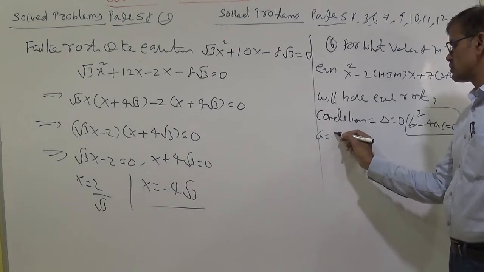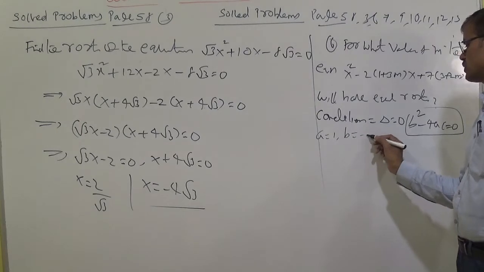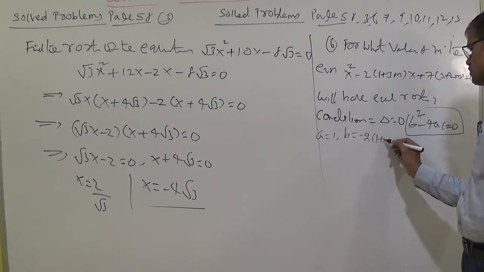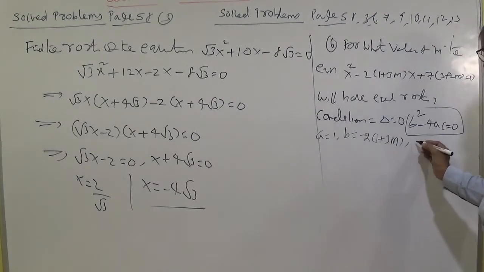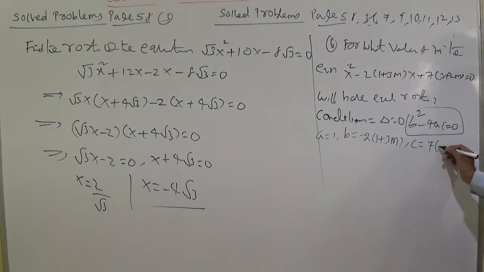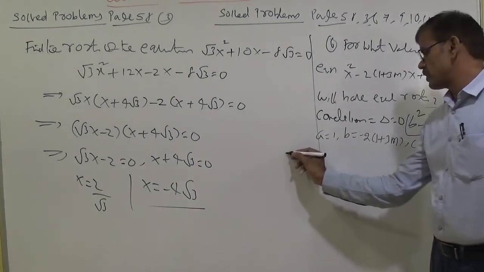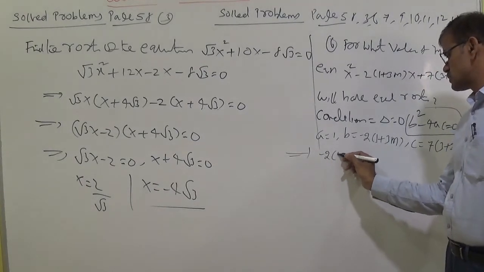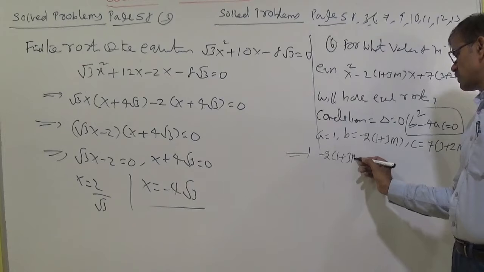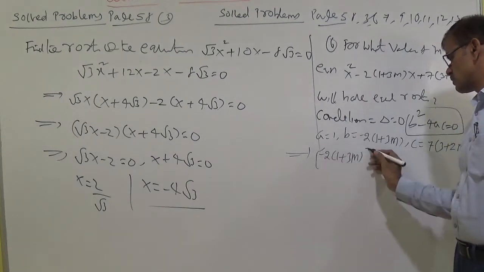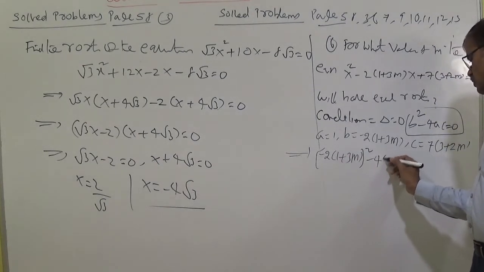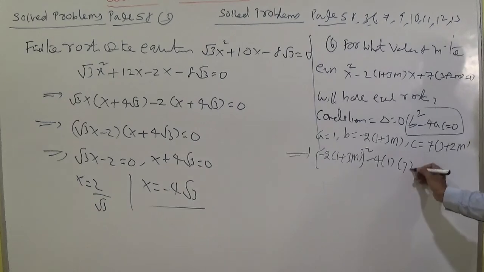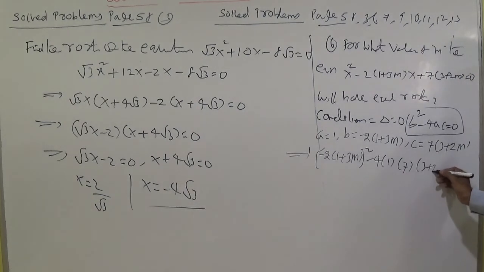According to the given question, a is equal to 1, b is equal to minus 2 into 1 plus 3m, and c is equal to 7 into 3 plus 2m. Using the condition b square minus 4ac, you can write minus 2 into 1 plus 3m whole square minus 4 into 1 into 7 into 3 plus 2m is equal to 0.